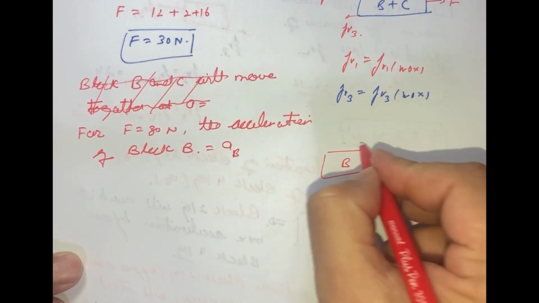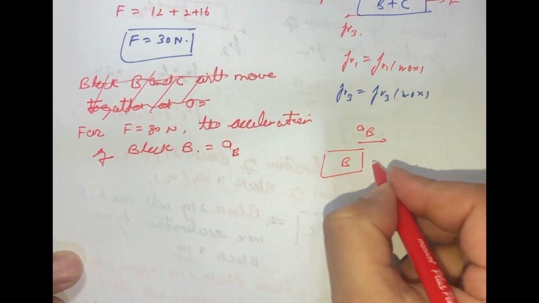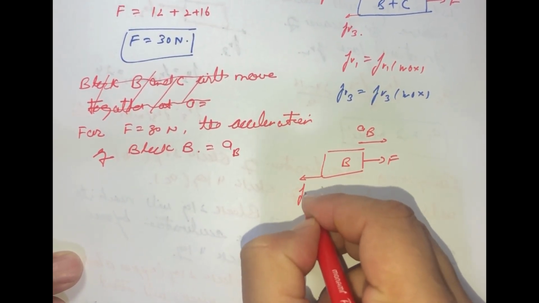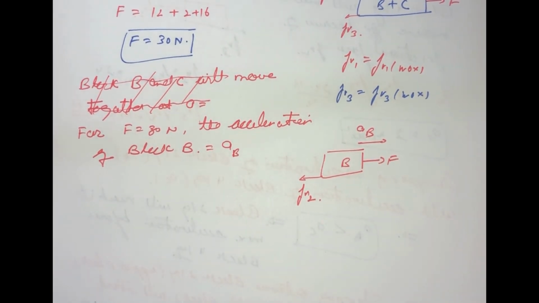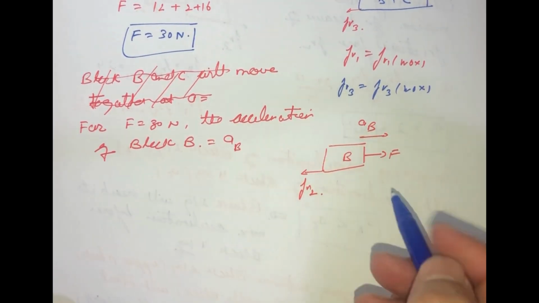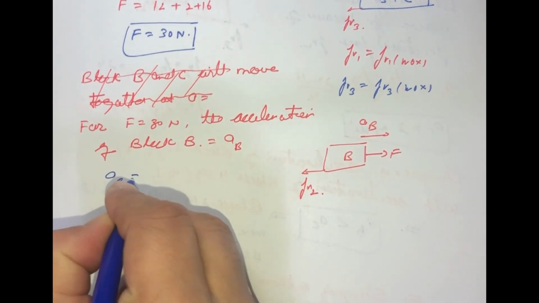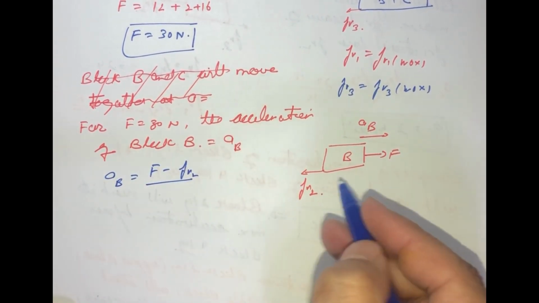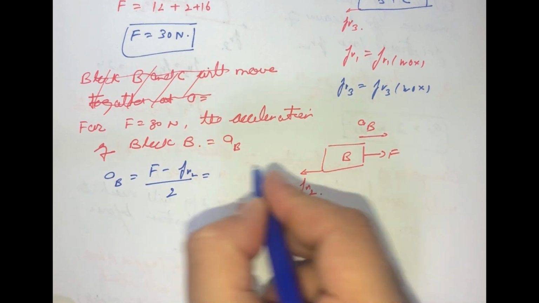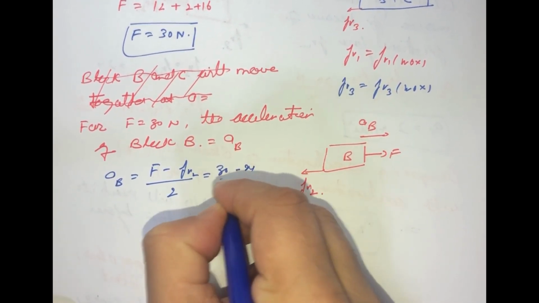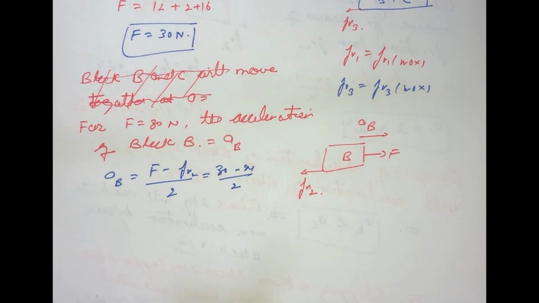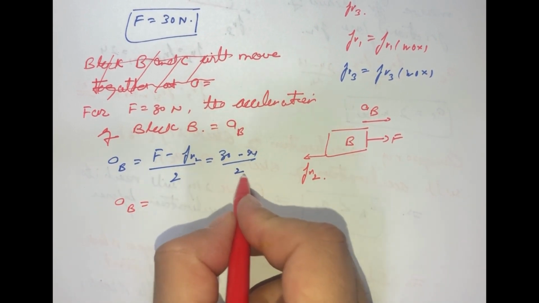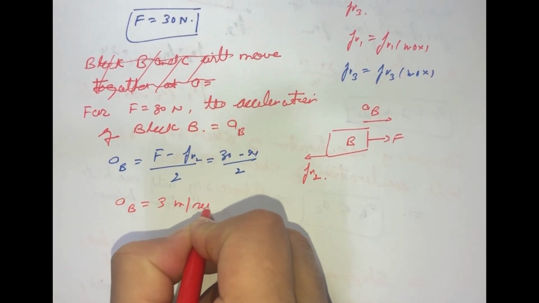So this is block B, it is moving with acceleration AB, applied force is F, and we have a friction force FR2. So we can write the equation as acceleration AB will be equal to applied force F minus FR2, and its mass is 2 kg, is 30 minus 24 divided by 2. So from here we can say that acceleration of block B will be equal to 6 divided by 2, that is 3 meter per second square.